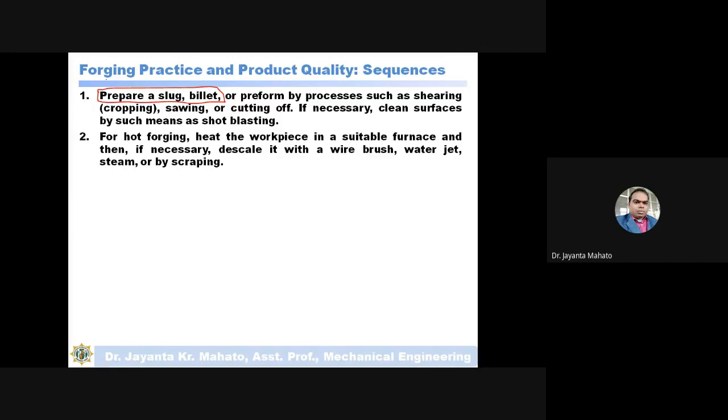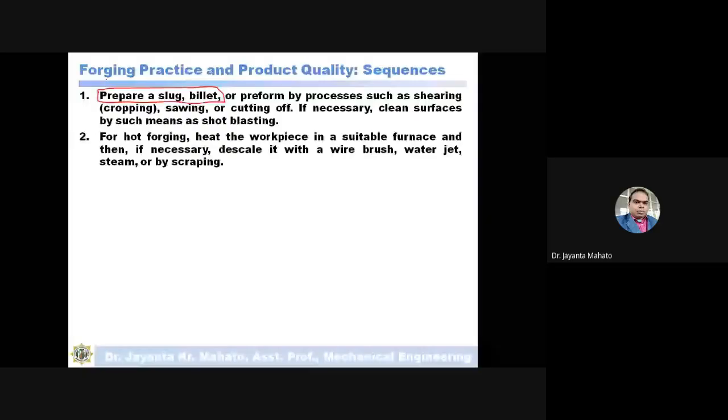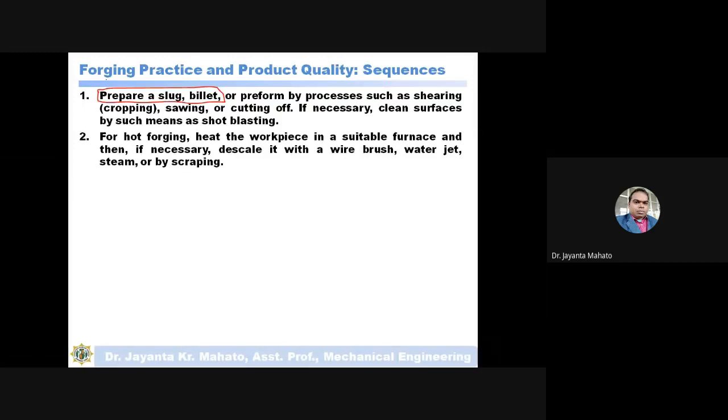Suitable furnace means one that reduces oxidation as much as possible. Mainly, in general, box furnaces are used. So heat the workpiece in a suitable furnace at a suitable temperature.